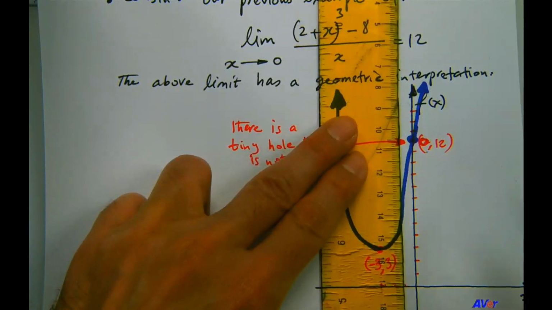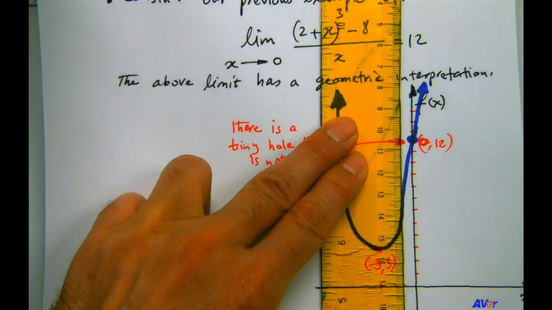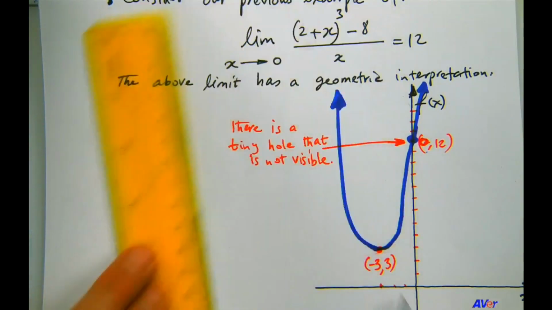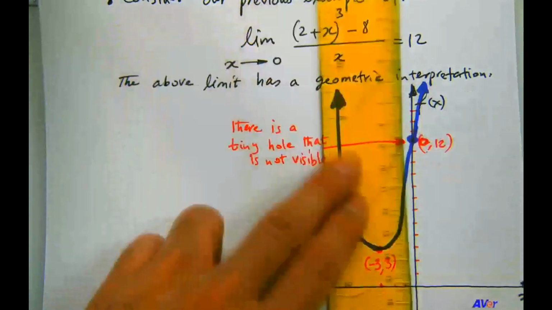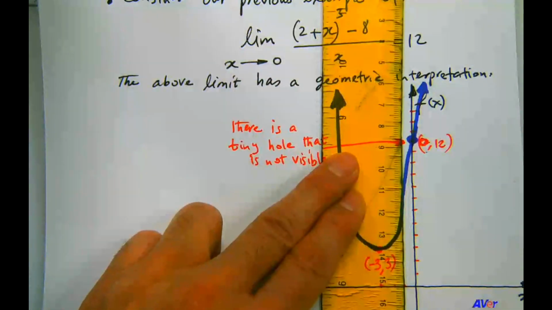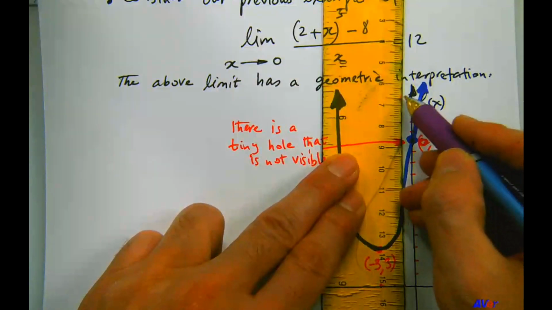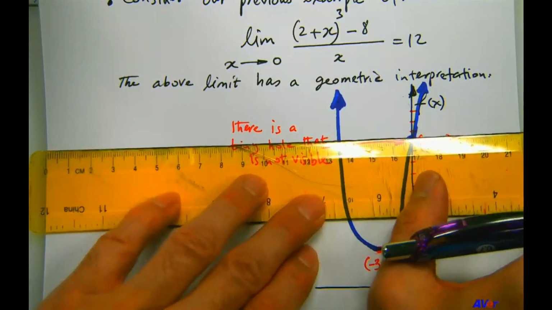So let me do that with my red pen here. As x approaches 0, there is a limit, which is equal to 12. I guess I better draw the horizontal lines here.